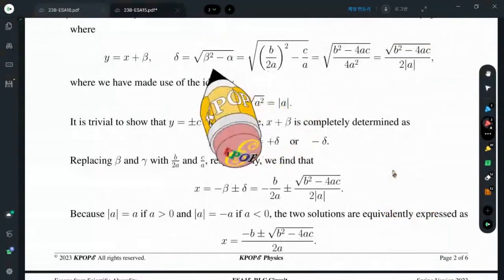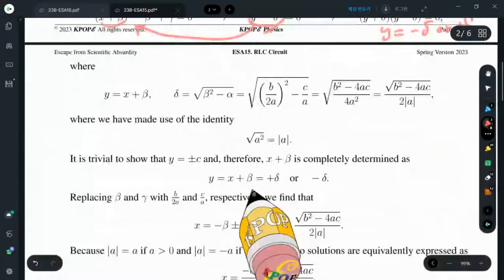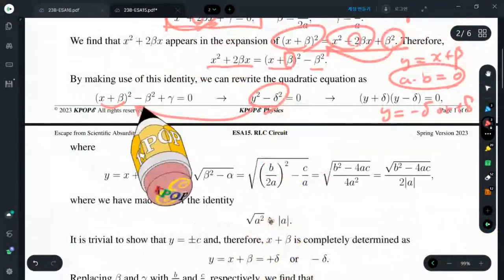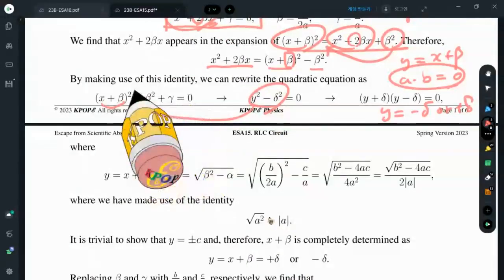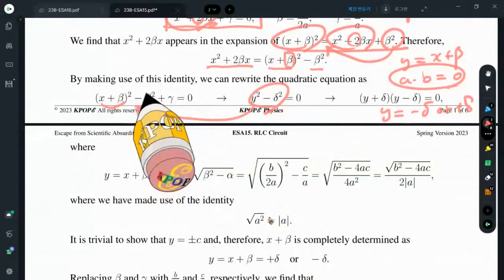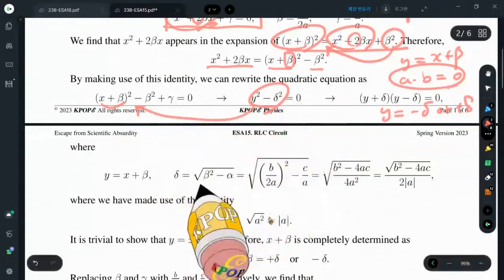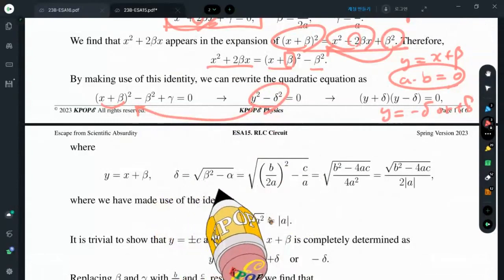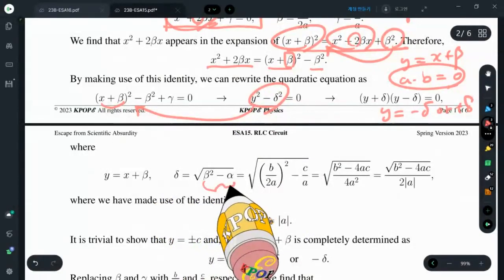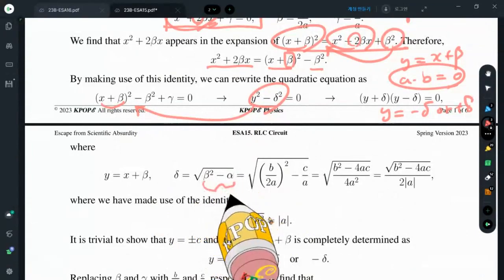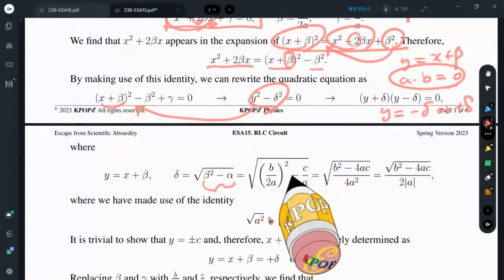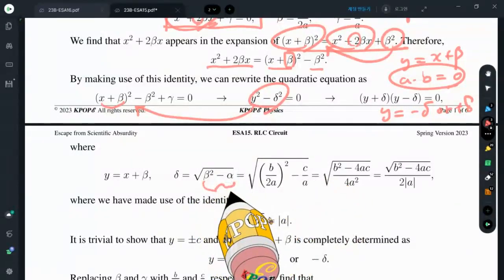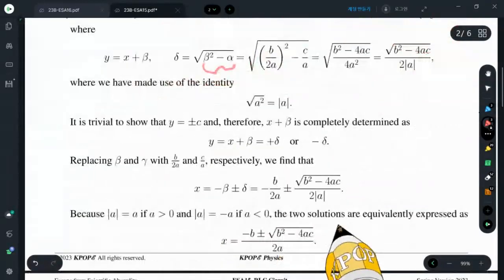You know how to determine this delta. This delta is nothing but this expression, but what happens if delta is the square root of something? If the inside of the square root is positive, that's fine. But if it is negative, we have some problem, because that will give an imaginary number.